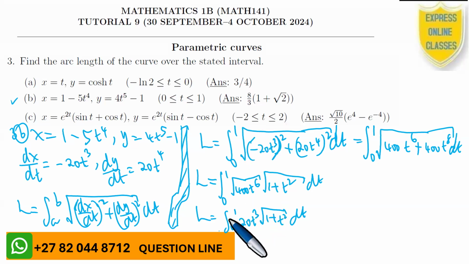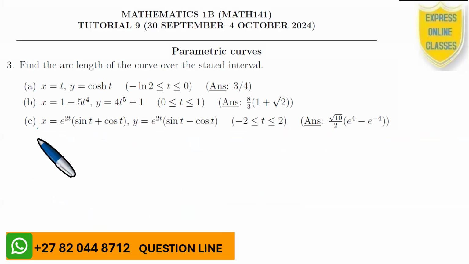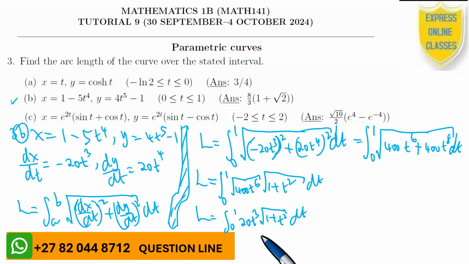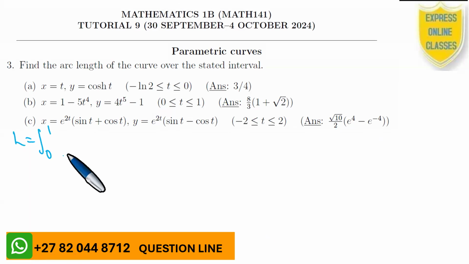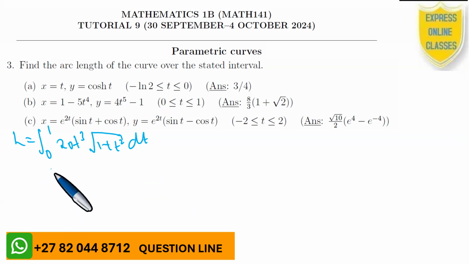Right, so to do this integral, we use the U substitution. So if we agree that the integral is 0 to 1 of 20t cubed times the square root of 1 plus t squared, dt, we can use the U substitution.